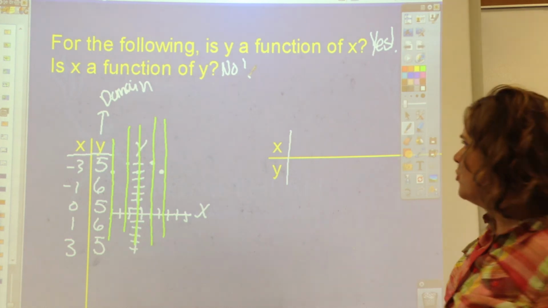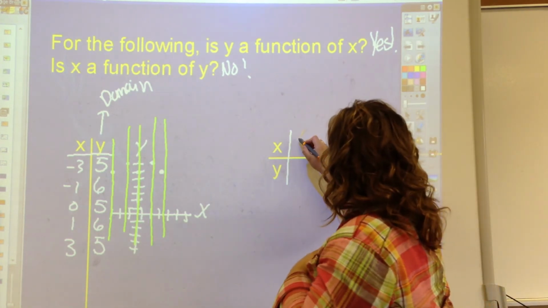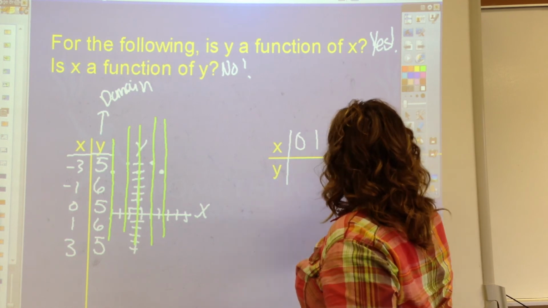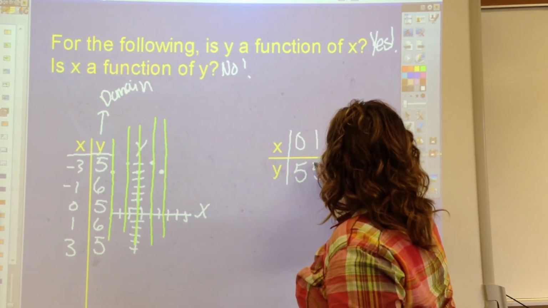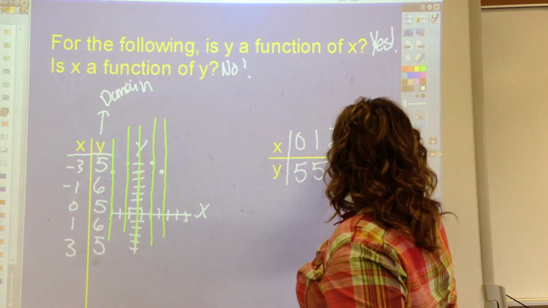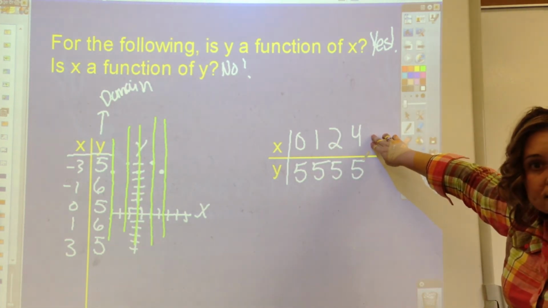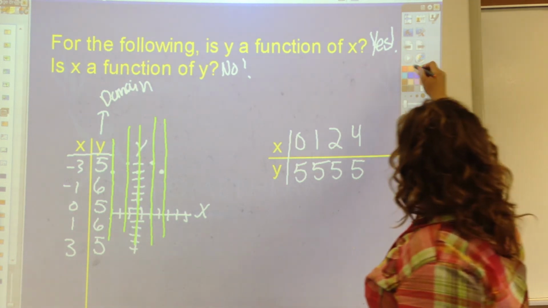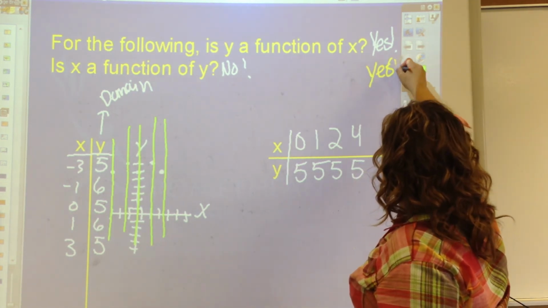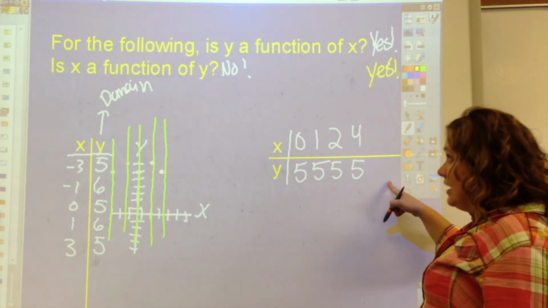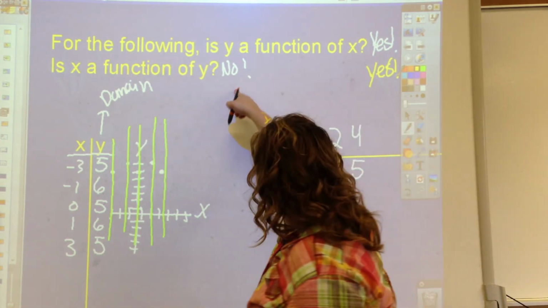All right, let's try one more. Let's do this one without a picture. Are there repeats on x? No. So is it a function? Yes. Are there repeats on y? Yes. So is x a function of y?